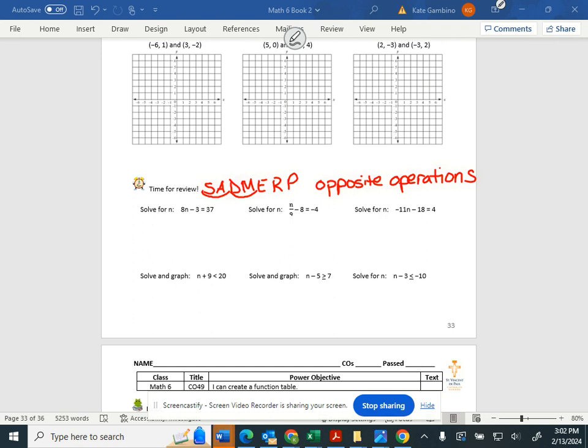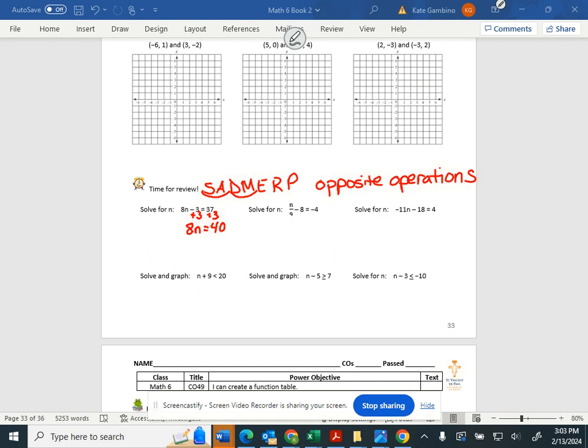If we look at our first one, I have 8n, which is 8 times n, minus 3 equals 37. Well, minus 3, I want to add 3 to both sides. Minus 3 plus 3 gets me at the 0. So I have 8n equals 37 plus 3, which is 40.